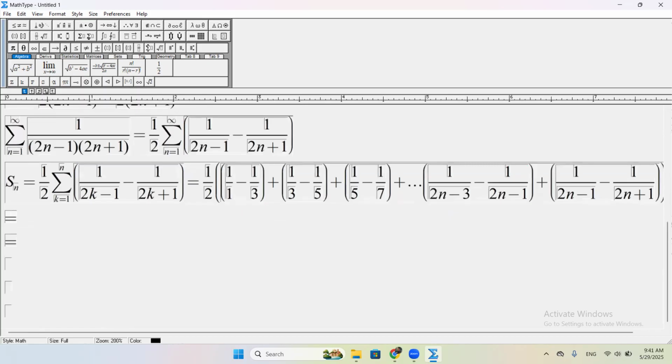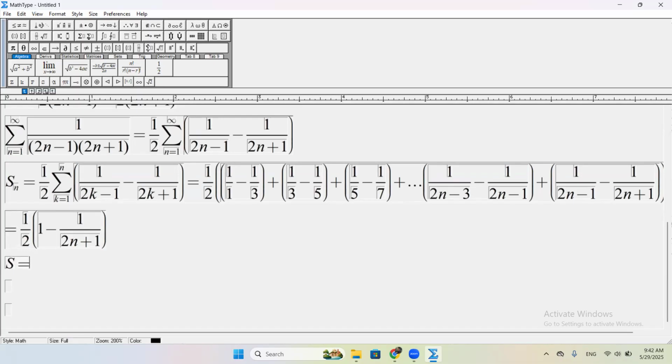So finally, we will receive the following expression: 1 over 2 times (1 minus 1 over 2n plus 1). So this is the partial sum.